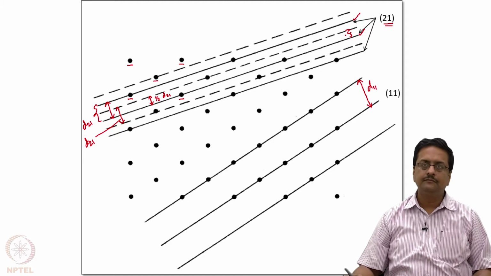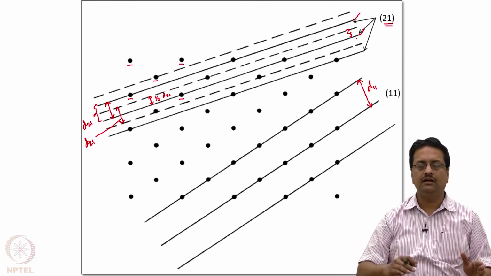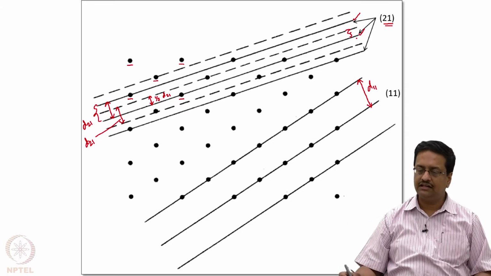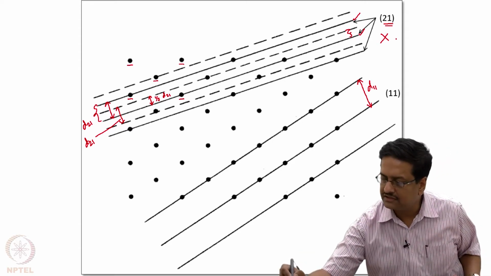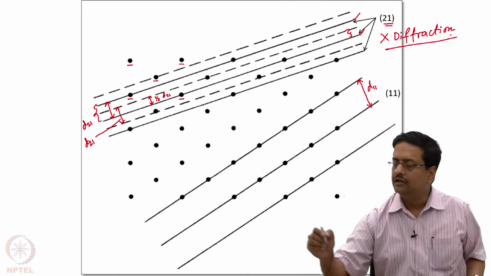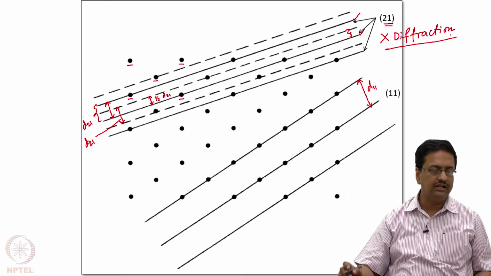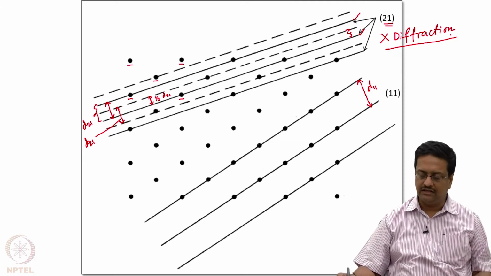As a result, the constructive interference will not happen, and in this particular case only the destructive interference will happen, and we will not see any diffraction from the set of 2, 1 planes. So from a diffraction pattern of a centered lattice like this in 2 dimension, the 2, 1 set of planes will be systematically absent.